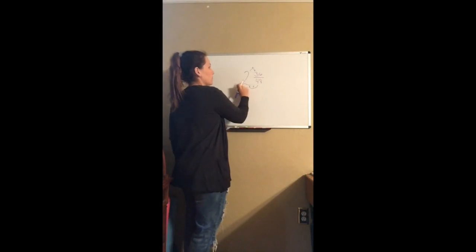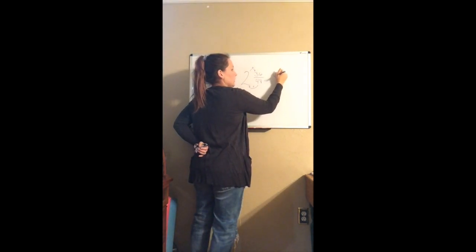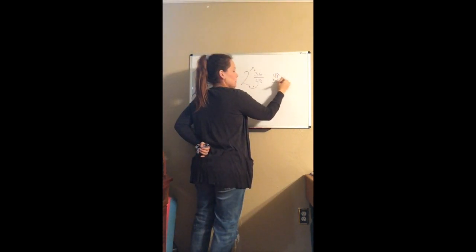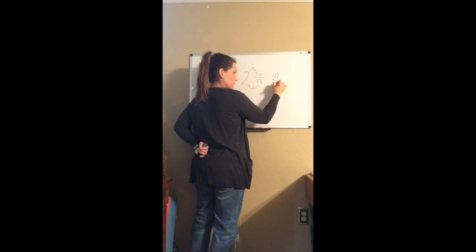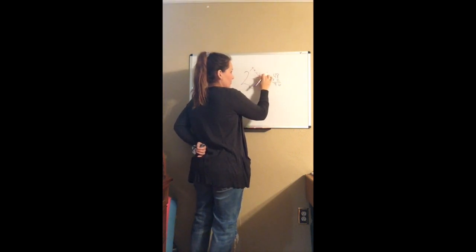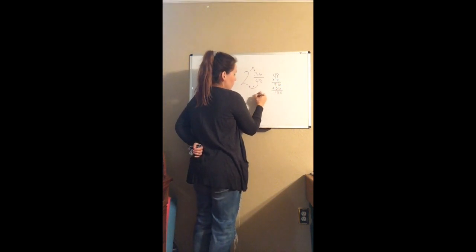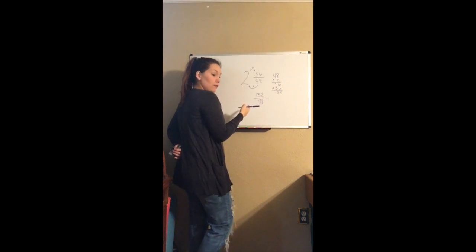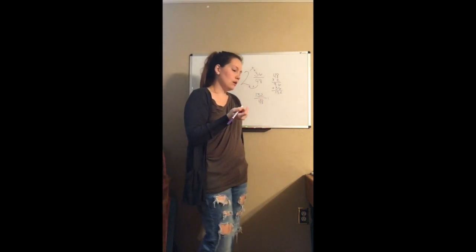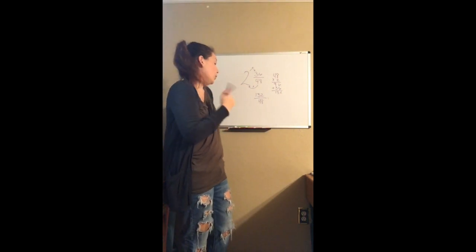Multiply and add. So 48 times 2 will give us 96 plus our numerator, 132. So 132 becomes my numerator. Keep the same denominator. Looking at both of these, I know that 2 goes into both of them.